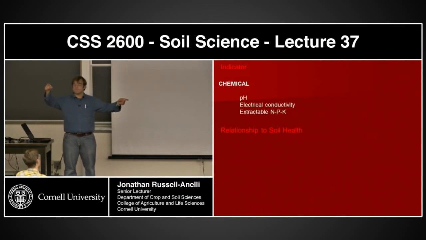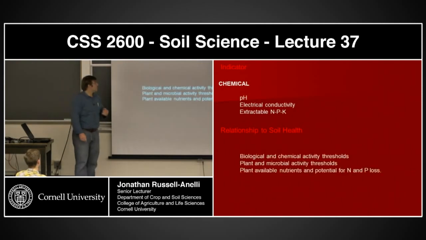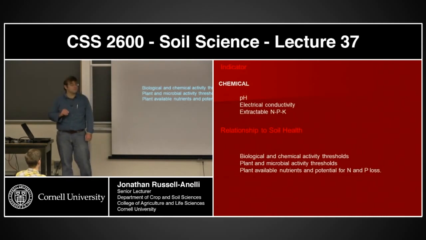What else? Biological activity. What else? Parent material. Weathering. Biological and chemical activity thresholds. Plant and microbial activity thresholds. Plant availability of nutrients and potentials for NP and NNP loss.